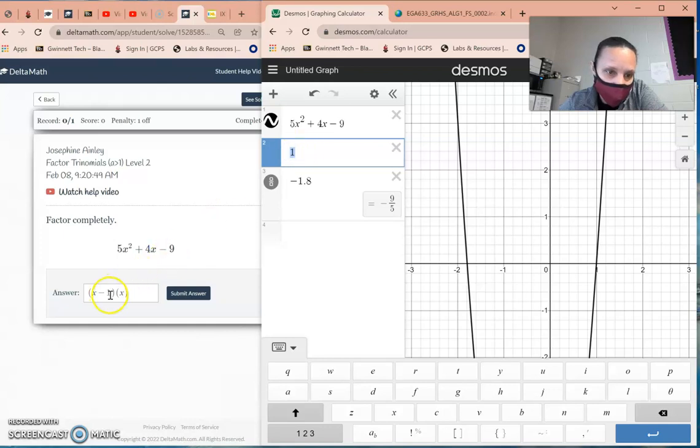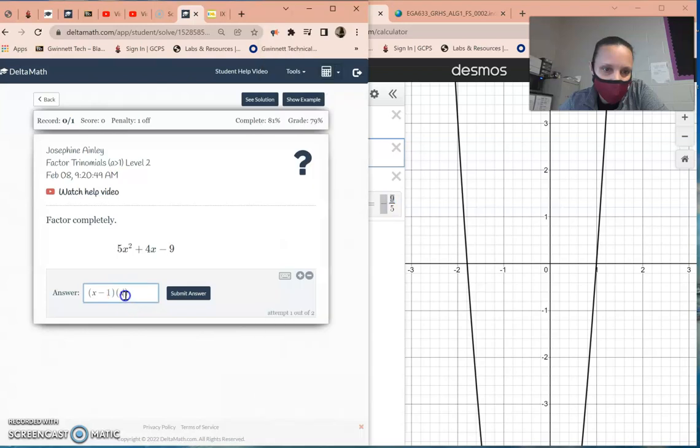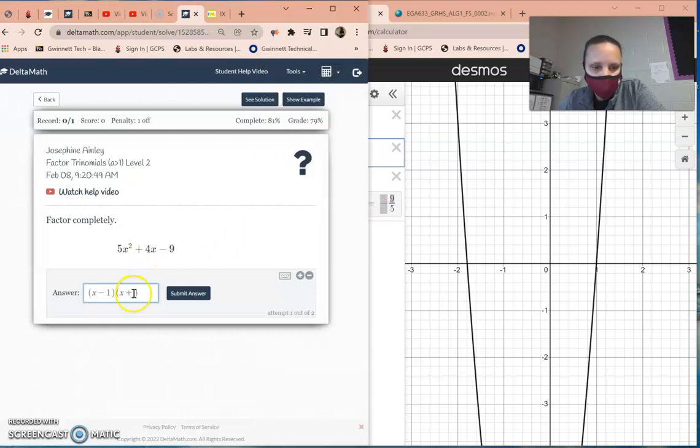So positive is going to become negative. And then negative is going to become what? Positive, right? But before we put that in, we're going to remember that we take the denominator and put it in front of the x. So this is going to be 5x plus, because it changed from negative to positive, plus 9. All right, so we're going to check that out. So 5x plus 9.